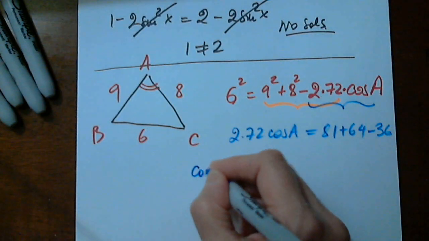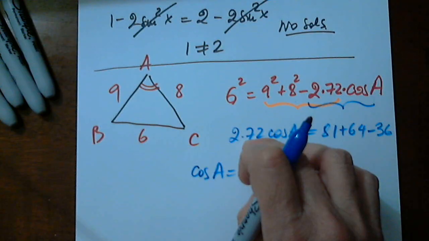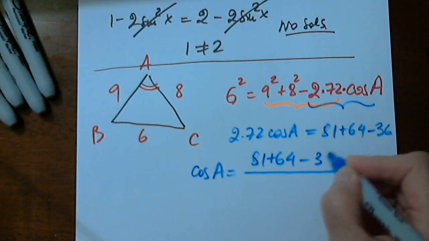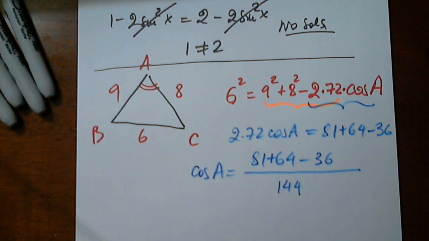And now I write cosine A equals over 2 times 72. So 81 plus 64 minus 36 over 144. And of course, I need the calculator for this. Don't forget to put parentheses. 81. I don't need a calculator for this, but I just wanted to show.